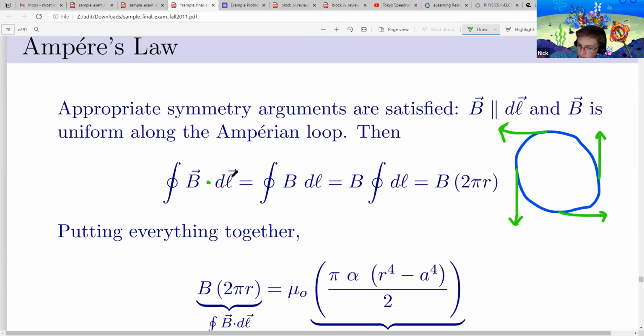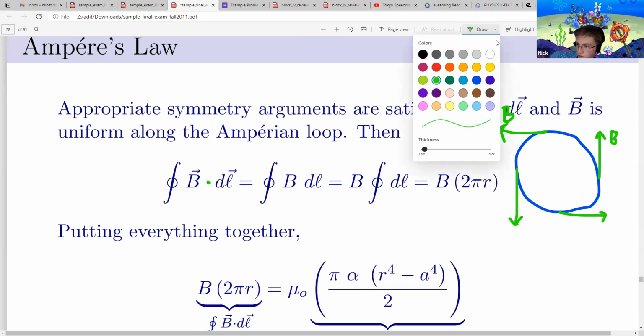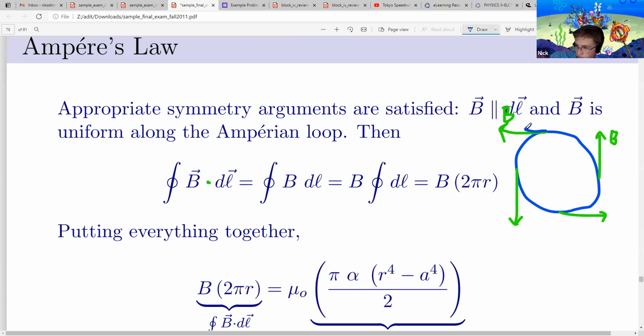Again, B has to be parallel to dL, and it is, because if these are my B field vectors, those are parallel to dL, which is always tangential to a circle. And because my Amperian loop is centered on the wire, B is going to be uniform along that loop, so I can pull B out of the integral. What I'm left with is the integral of dL, which is just the length of the Amperian loop, the circumference, 2 pi r.